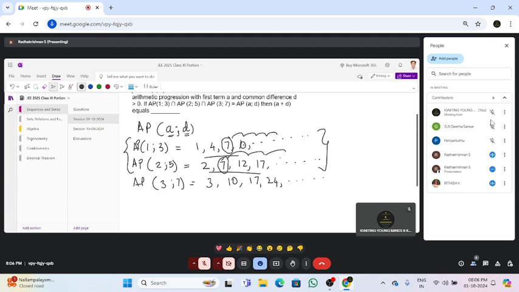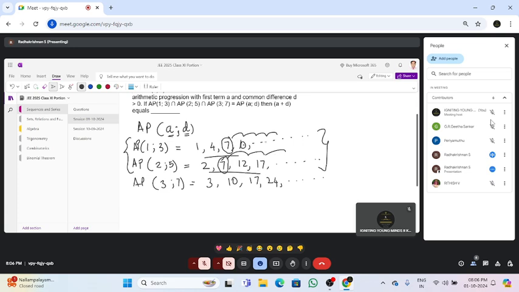So what is the LCM of 3 and 5? 15. 15. Think about it yourselves. From 7, plus 3, plus 6, plus 9, plus 12, plus 15 will come. In the other one also, from 7, plus 5, plus 10, plus 15 will come. So 7 plus 15 will be the next common term between the two.